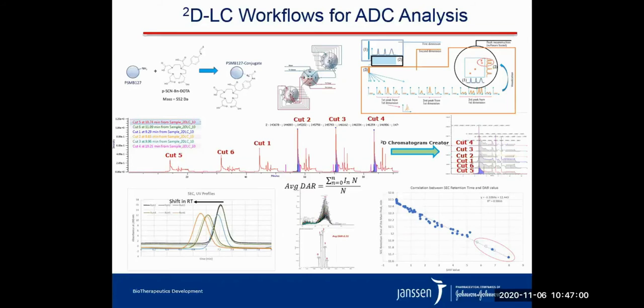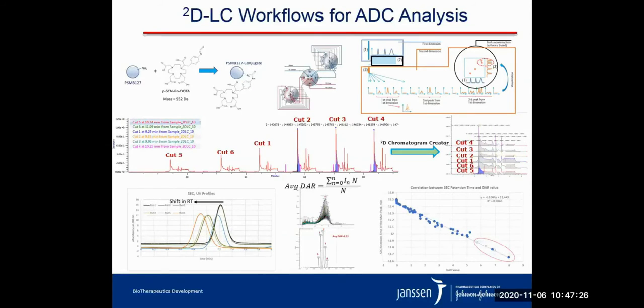Here we are using size exclusion chromatography separation in the 1st dimension, followed by reverse phase separation in the 2nd dimension, using multiple heart-cutting 2-dimensional LCs to obtain DAR values by the MS signal. In this analysis, we observed that the SEC retention time correlates very well with the DAR value.